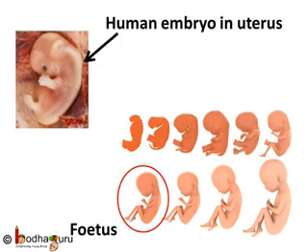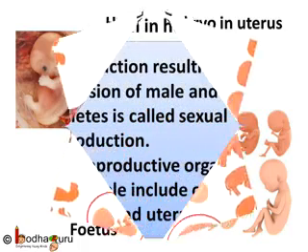It gradually develops all body parts like hands, legs, eyes, nose, ears, etc. The stage of the embryo in which all the body parts can be identified is called the fetus. So, a fetus is basically an unborn baby. In human beings, this stage starts around 9 to 10 weeks after fertilization, but the fetus is very small right now. When the development of the fetus is complete, the mother gives birth to the baby.